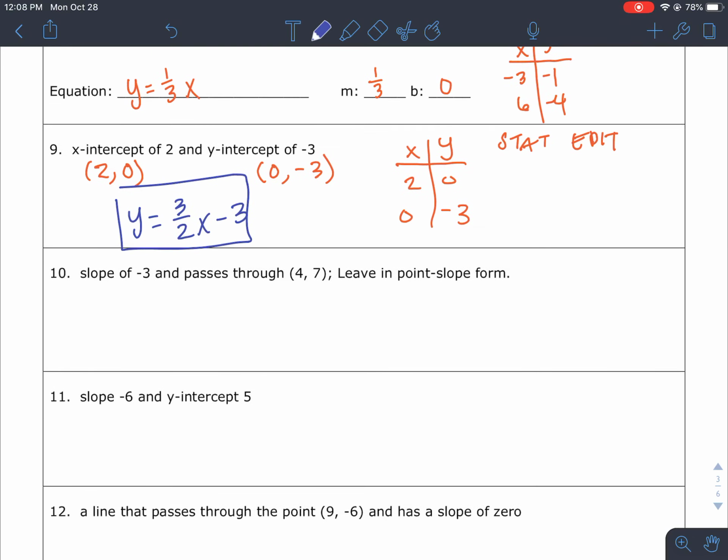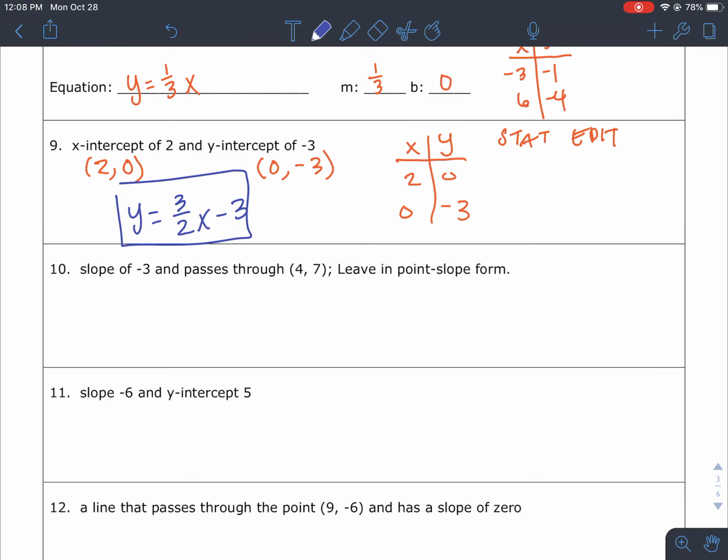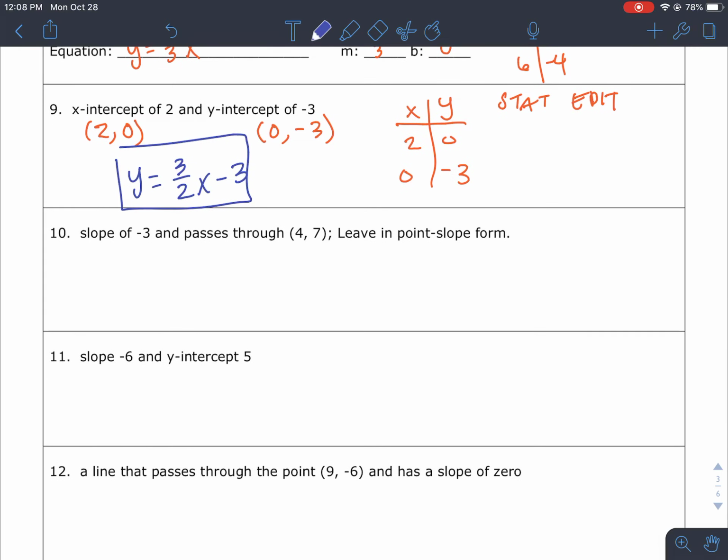Number 10, it gives me a slope of -3 and it passes through a point. So here I have a slope and a point. So I'm going to put this in point slope form. I'm going to label that my slope is my m, and this is my x1 and my y1.